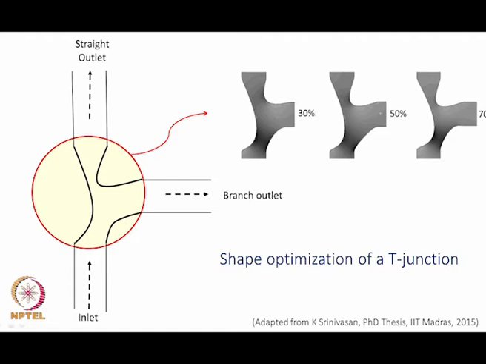For example, here you have 3 different shapes. This particular junction shape will deliver 30% of the flow into the side branch and 70% will go through the straight branch. This one will have 50% going through the side branch and 50% here, and this will actually give us 70% going through the side branch, and only 30% will be going through this.